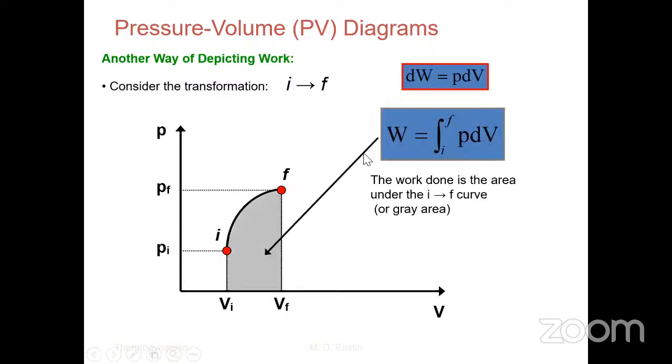So you have dW is P dV. When you do the integration, the area that you see shaded here is the work done between the initial state I and the final state F on that curve.